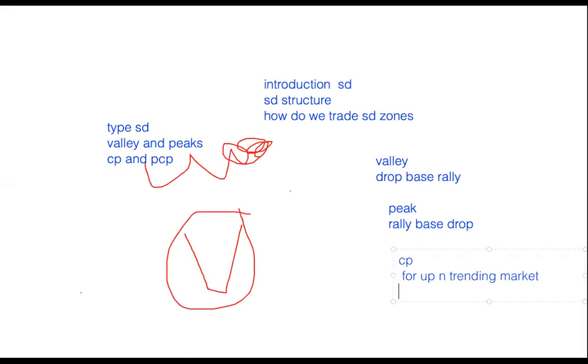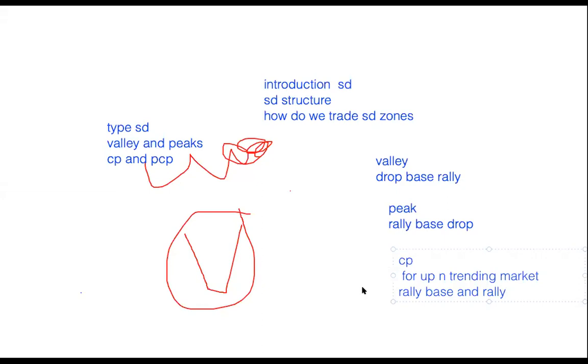So the market tends to form some pause where some orders are generated. We'll talk about orders when the time comes, not today. That is the CP structure for the uptrending market.